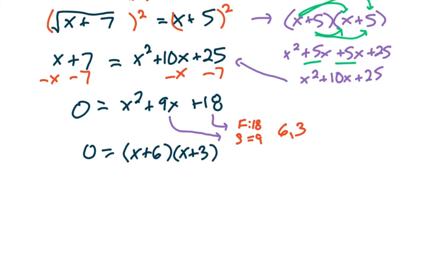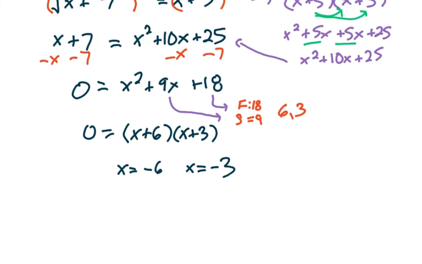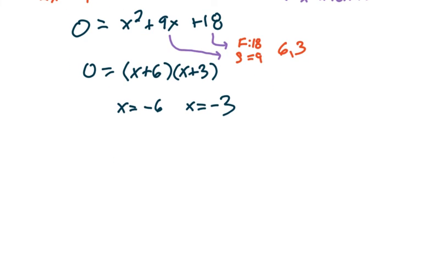So what number would make x plus 6 equal 0? Well, this would be x equals -6. And x plus 3 would give us x equals -3. Now, we don't want to box our answers just yet. When we're ending up with two answers, especially when we're doing this extra distributing and having to factor, we always want to check our answers.